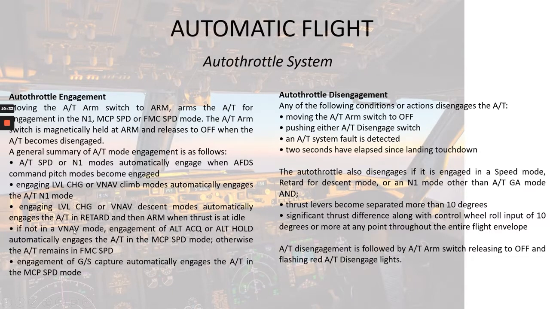If not in a VNAV mode, engagement of altitude acquired or alt hold automatically engages the autothrottle in the MCP speed mode. Otherwise, the autothrottle remains in FMC speed. Engagement of glide slope capture automatically engages the autothrottle in the MCP speed mode.